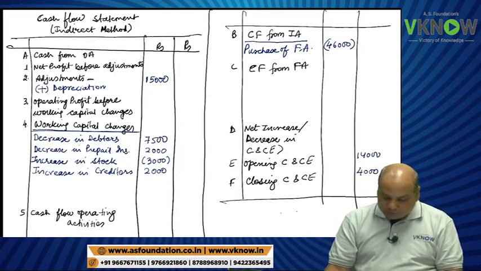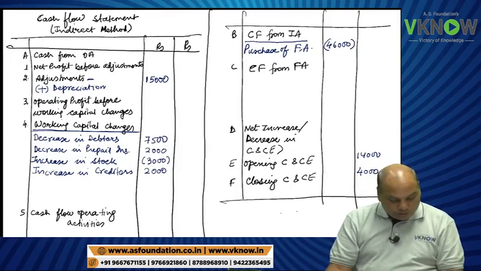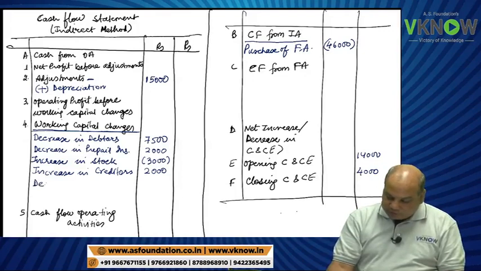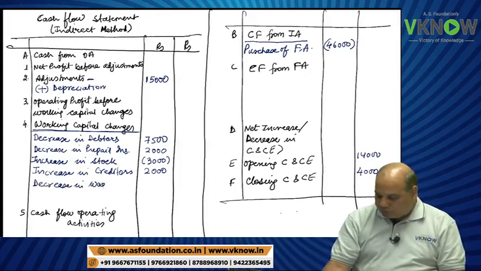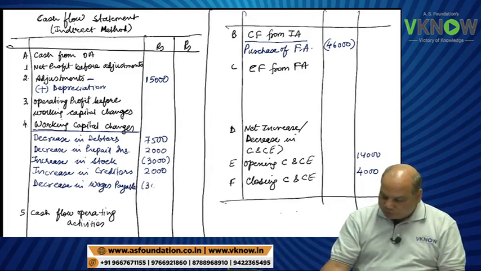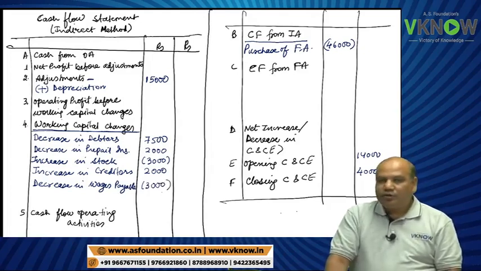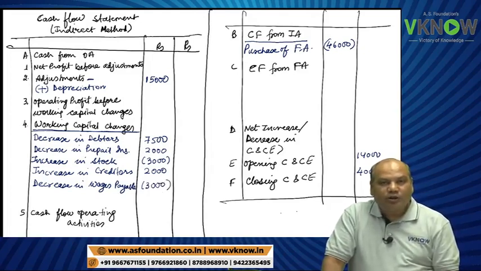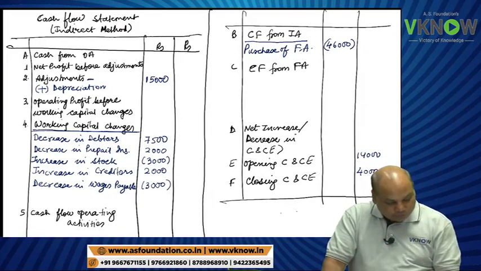In the same place, decrease in wages payable, 7 minus 4, 3,000. Decrease in current liability, decrease in cash flow.